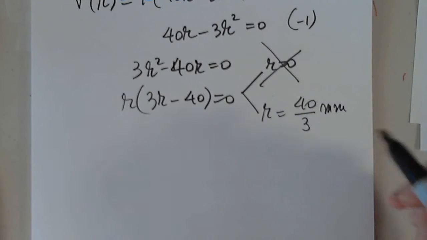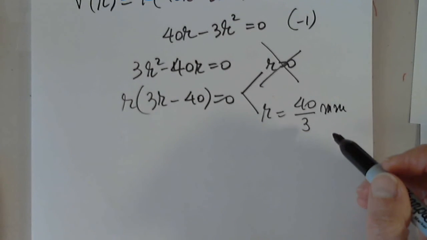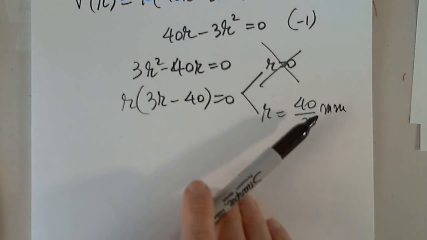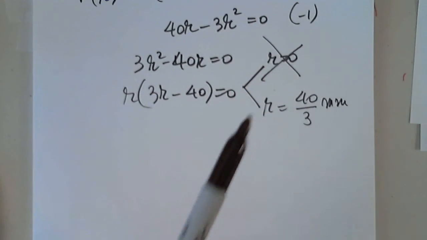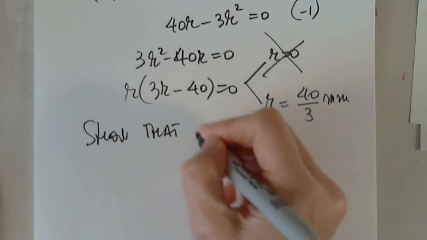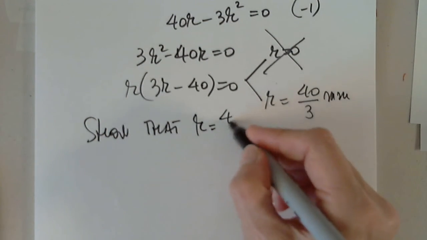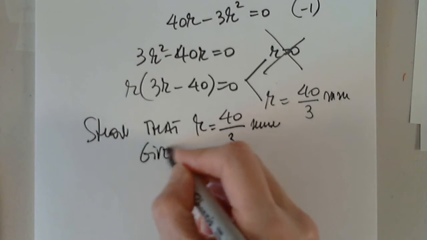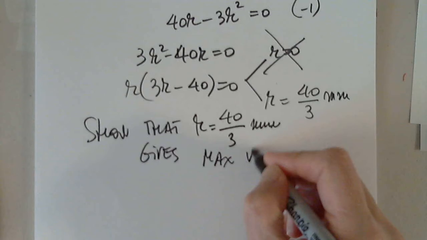Now, we know that this should, because it's a quadratic function with a negative leading coefficient, give a maximum. But that's not sufficient. I have to show that r equals 40 divided by 3 millimeters gives max velocity.